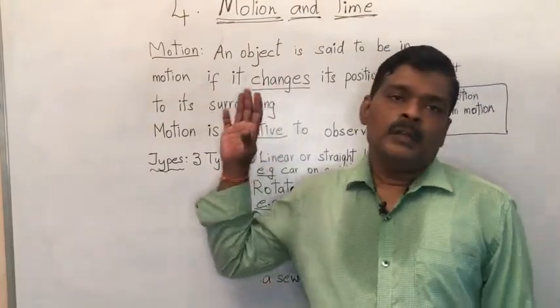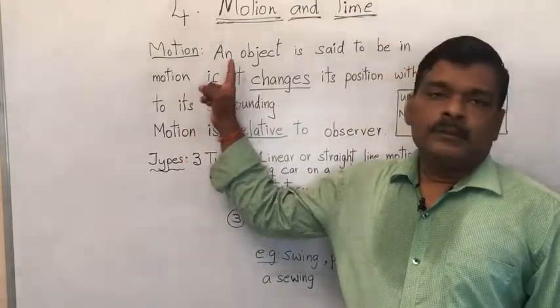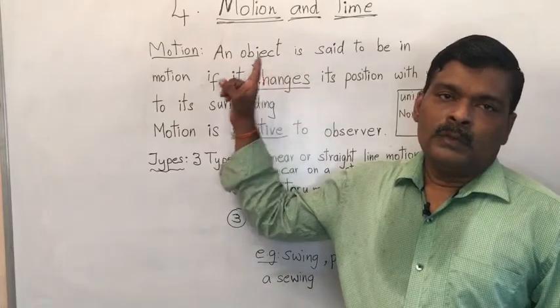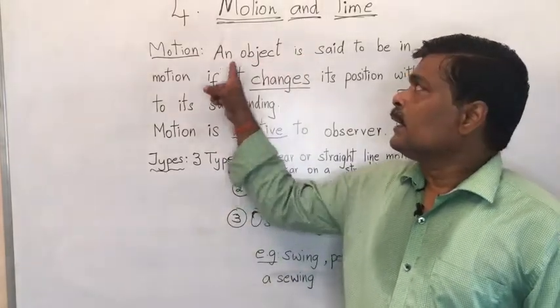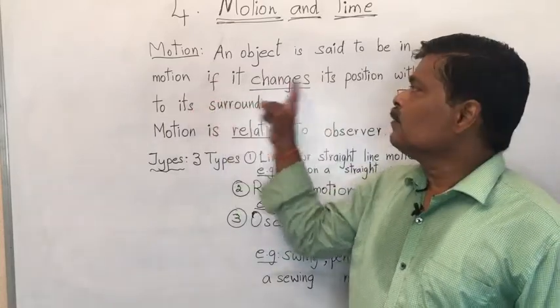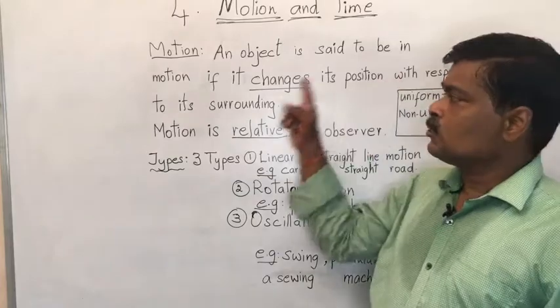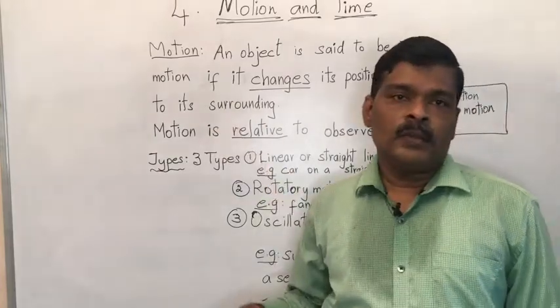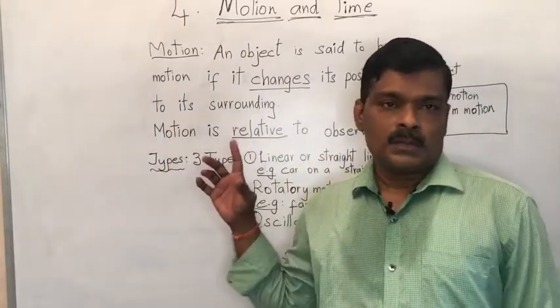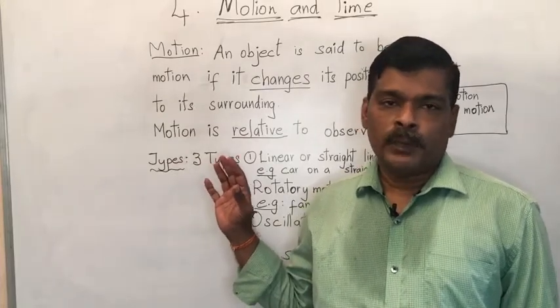So how can we define it scientifically? We are doing that one definition. What is that? An object is said to be in motion if it changes its position with respect to the surrounding. What is surrounding? What surrounds us? Around us, those things are all considered as surrounding.